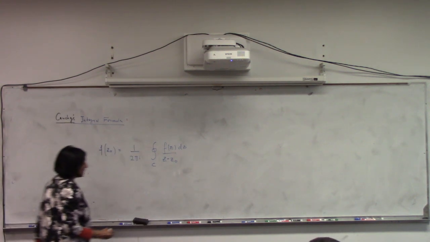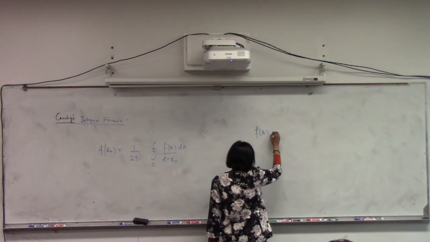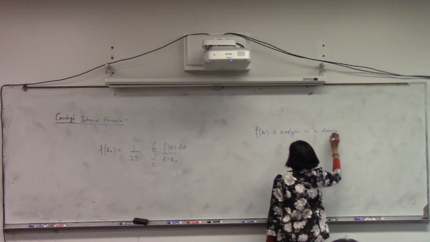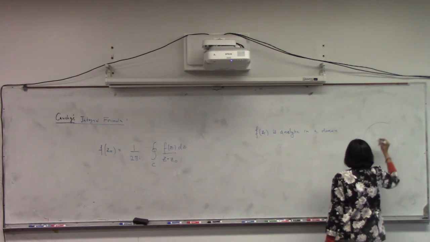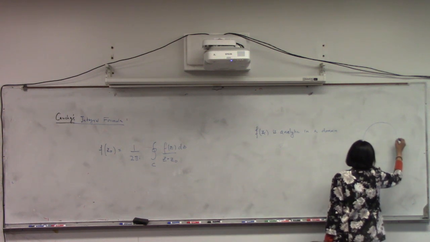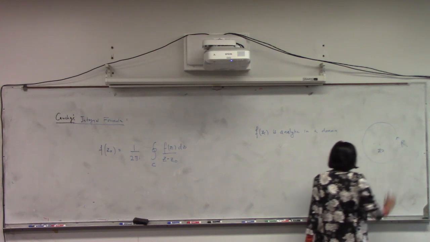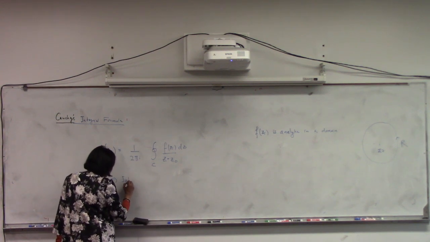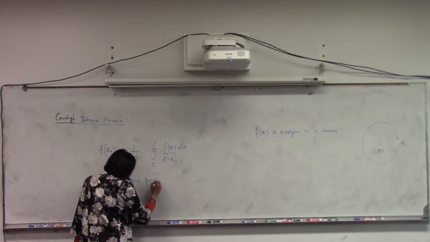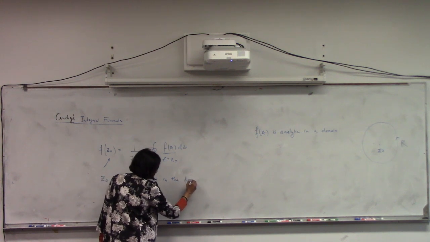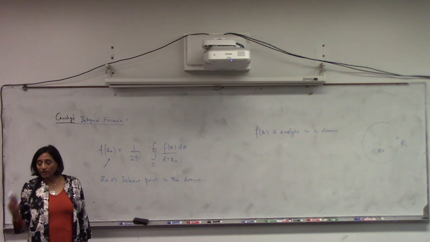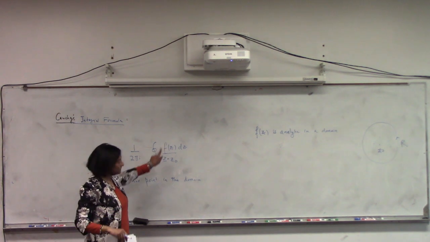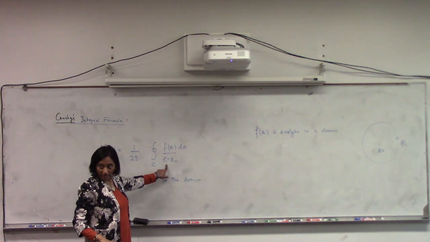If f(z) is analytic, between a region R and some curve C, and z naught is an interior point in this domain, the value of the function at the interior point is solely dictated by the contour integral along C of f(z) over z minus z naught.